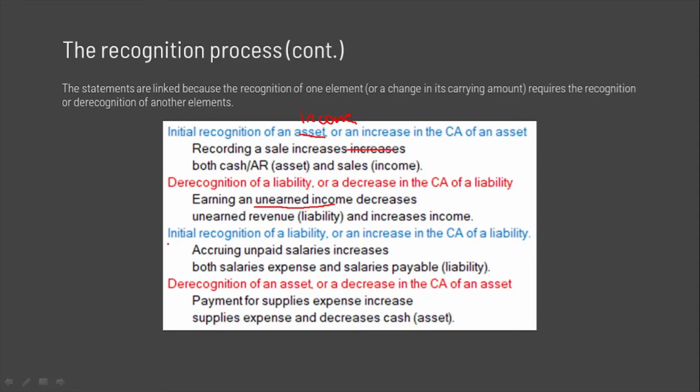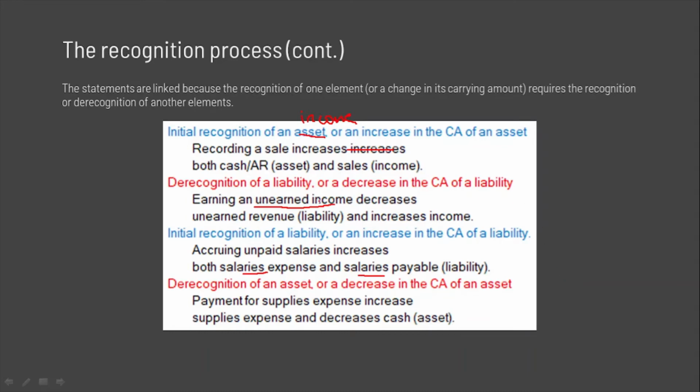Third scenario is when you initially recognize a liability or an increase in the carrying amount of a liability. For example, accruing unpaid salary increases both salary expense and salaries payable. The meaning of accruals is that you have already consumed the services or the item even though you haven't paid for it yet.